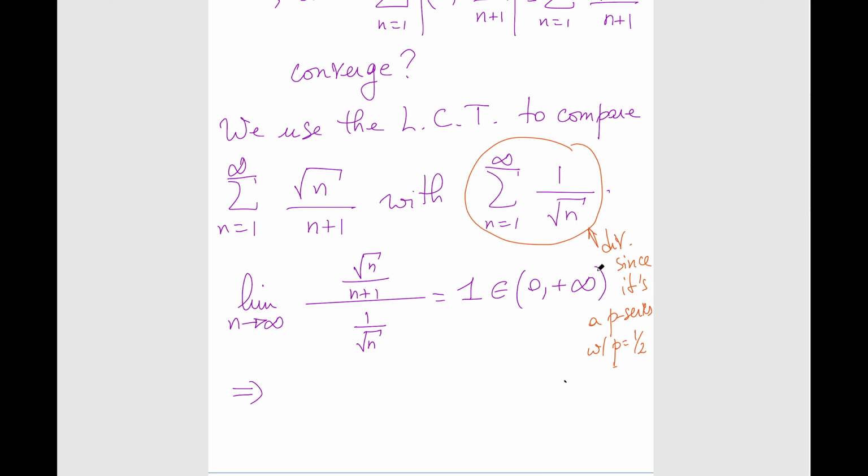And we know for those p's, the series is divergent, correct? So since the two series are of the same nature by the limit comparison test, that thing is also going to be divergent.